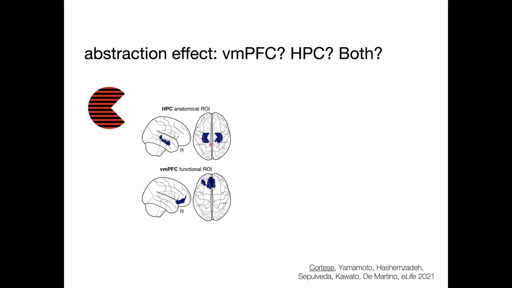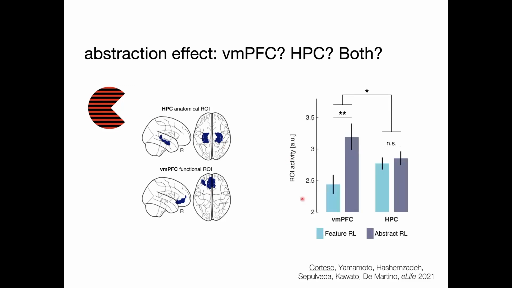So we focused our analysis on those two regions of interest, and we extracted the overall activity in those areas at the time of viewing the stimulus, differentially for when participants use a feature strategy or an abstract strategy. And what we see is that only the VMPFC appears to have a modulation that depends on the strategy used, saying that the VMPFC appears to be more involved when participants are using an abstract RL strategy rather than a feature RL.